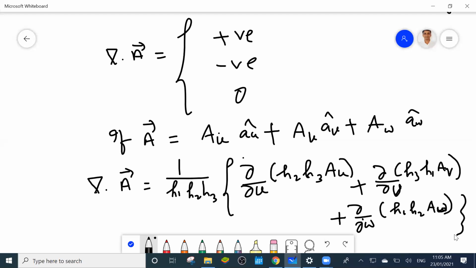This is the general formula of divergence of a vector A.